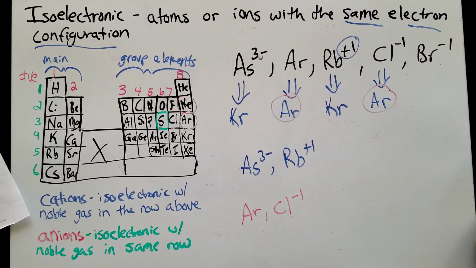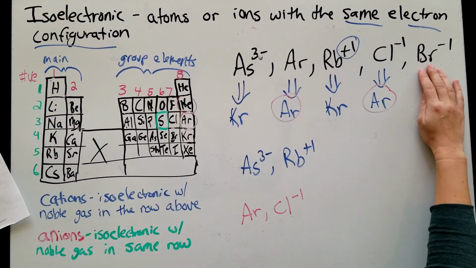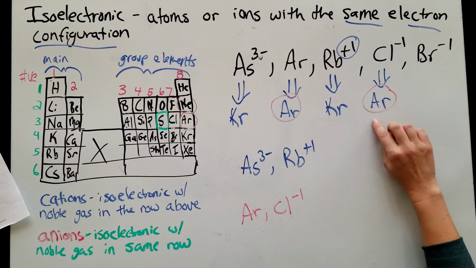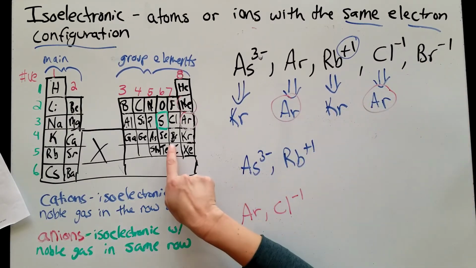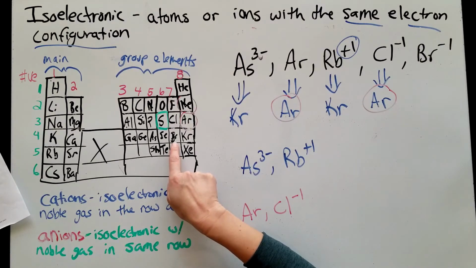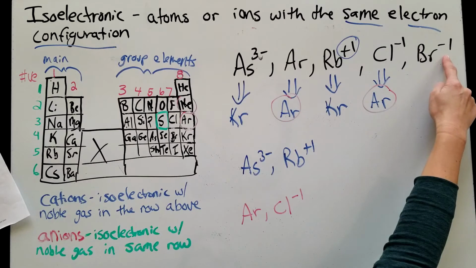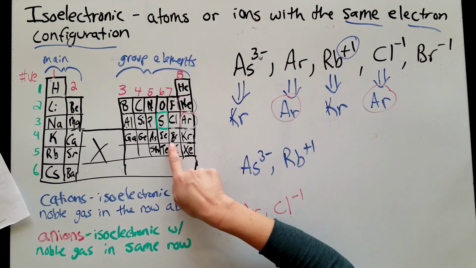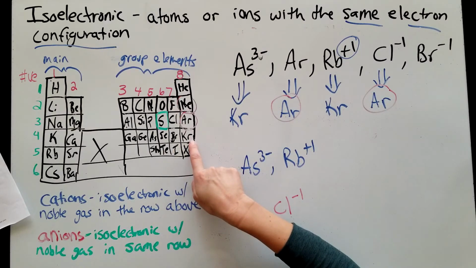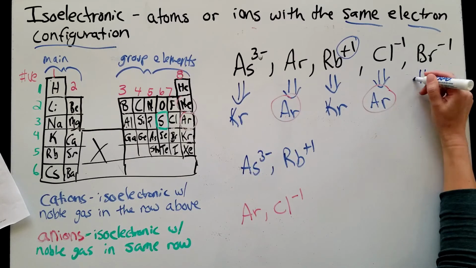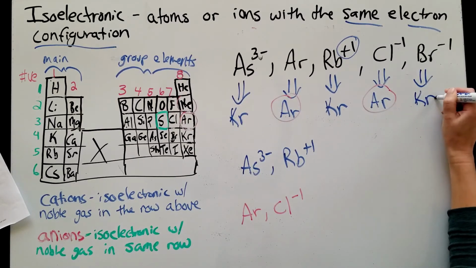Okay, now let's see where bromine fits in. Do you think bromine's going to be isoelectronic with krypton or with argon? Bromine's here in row 4. It's an anion, negative charge, meaning it's isoelectronic with the noble gas in the same row. So we hop over 1, and krypton is the noble gas it's isoelectronic with.